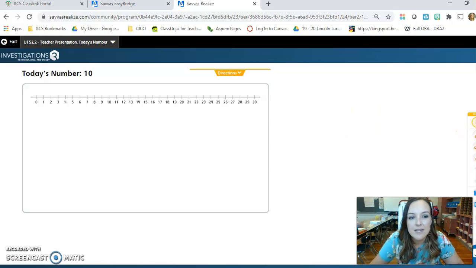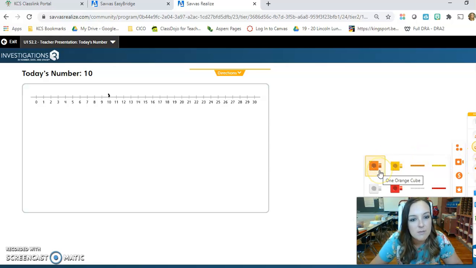So we are going to look at today's number, which is 10. So here it is on our number chart. And we are going to mark number 10 on here first. So there's number 10 so you can see it a little bit better. Now we are going to use our math tools on the side to get some counting Unifix cubes.